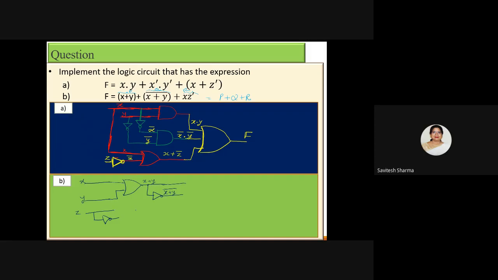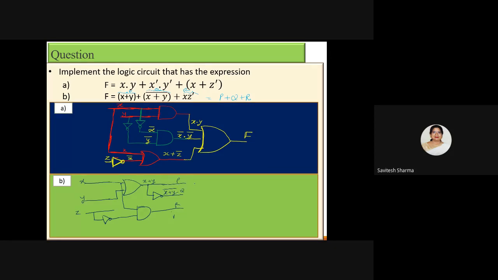Next term is x z complement. So you will drag x and the complement of z, and this is the AND operation. You will draw the AND and you will get x z bar, x z complement. Now you have three terms. This is your P term, this is your Q term, this is your R term.